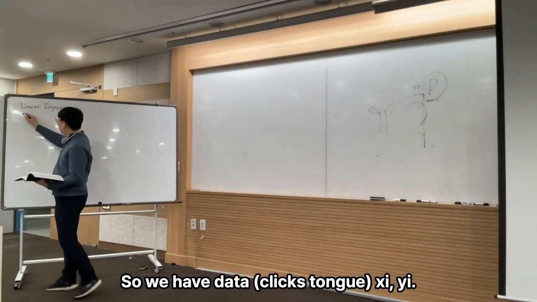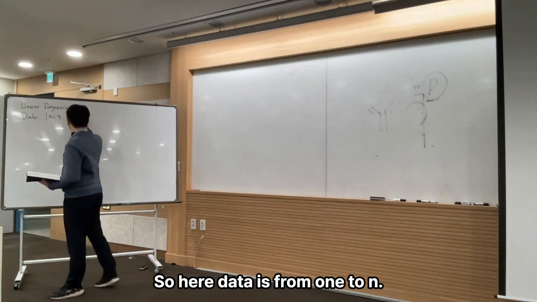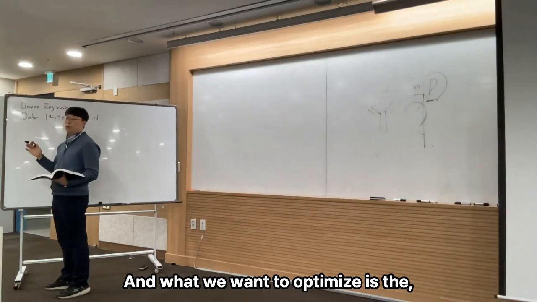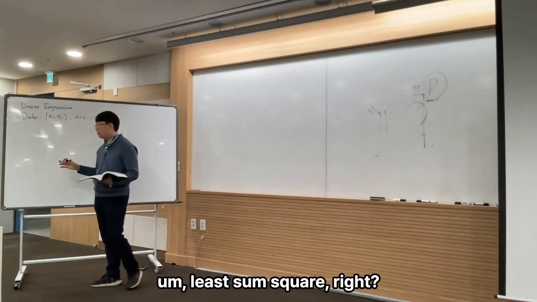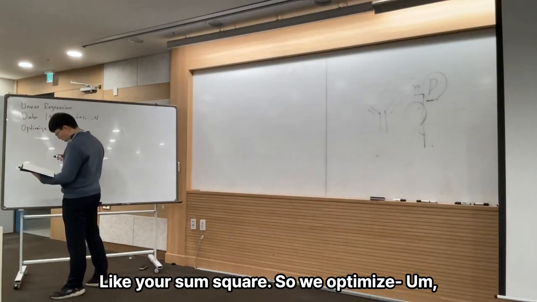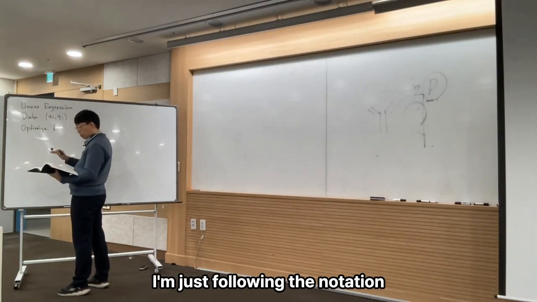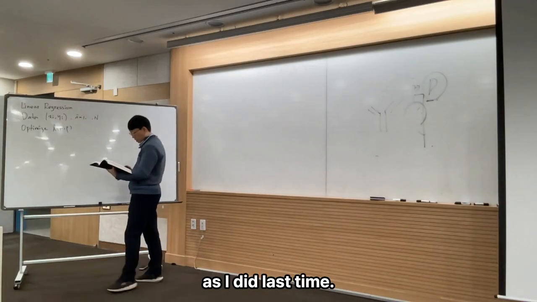So we have data xi, yi, where i is from 1 to n. And what we want to optimize is the least sum of squares. So we optimize the L. I'm just following the notation in my book, so I'm not going to use m and b as I did last time.